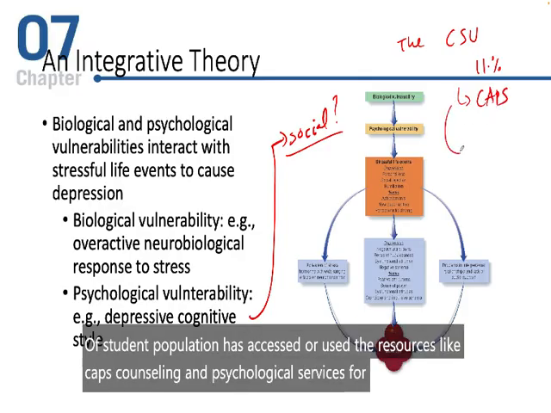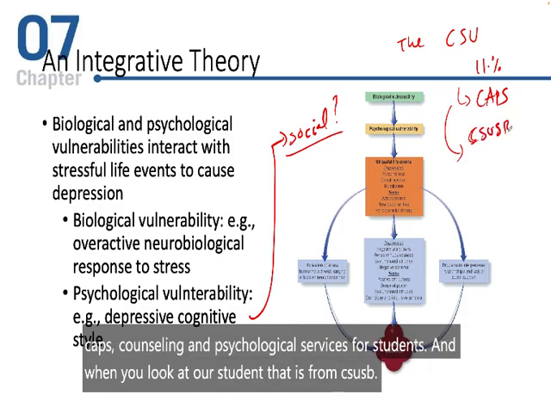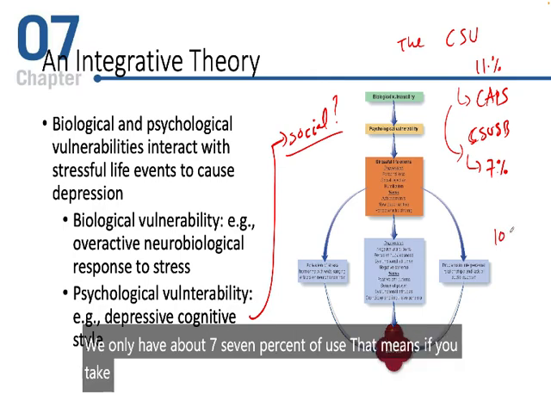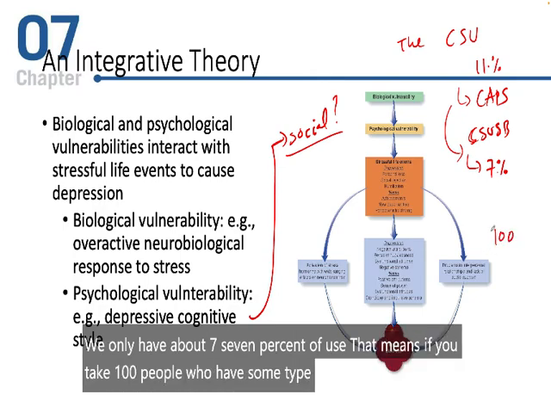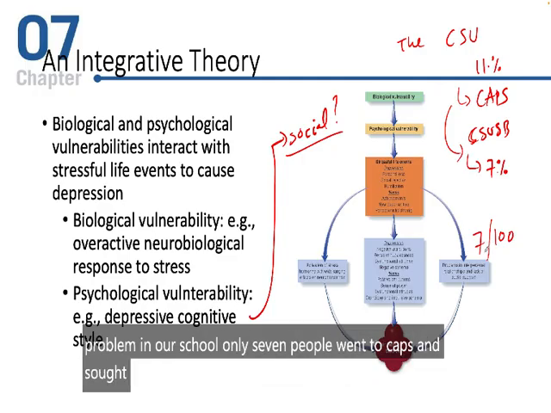And when you look at our students, that is from CSUSB, we only have about 7% use. That means if you take 100 people who have some type of psychological problem in our school, only 7 people went to CAPS and sought help. That's scary. Why? There are so many factors we can talk about.